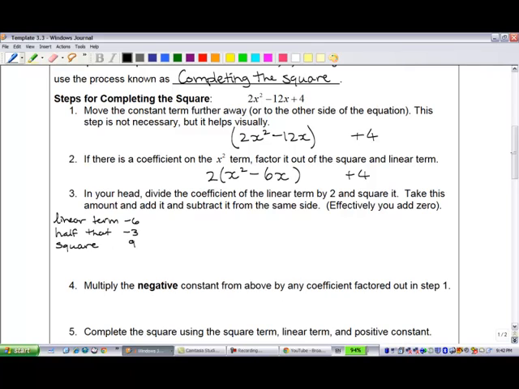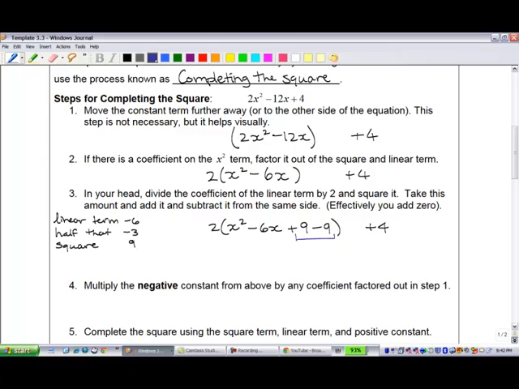What I want to do is take this amount and add it and subtract it on the same side. I'm going to do that by nestling it right next to the linear term. And we still have a plus 4. Now, if you take a look at plus 9 minus 9, what I've done is effectively added 0 to my equation.